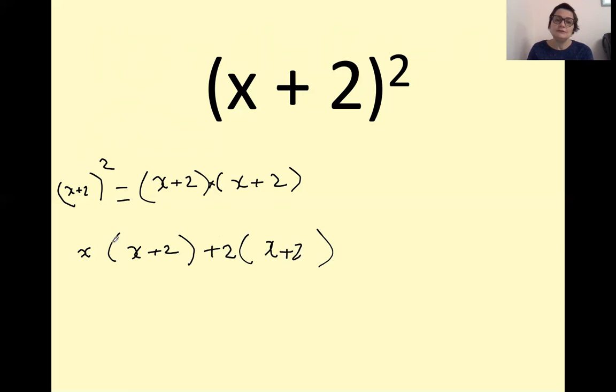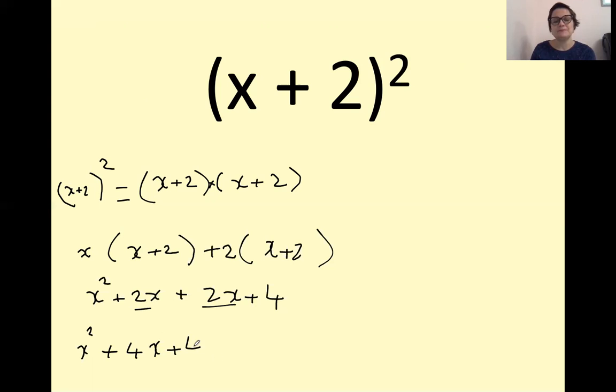Now we expand each of the single brackets, and this is what we have: x to the power of 2 plus 2x plus, again, 2 times x, 2x, plus 2 times 2 makes 4. And again, x to the power of 2, leave it as it is, because there's no other x to the power of 2. I have these two terms that have x's, so 2x plus 2x is 4x, plus 4. And this is the final answer, okay?